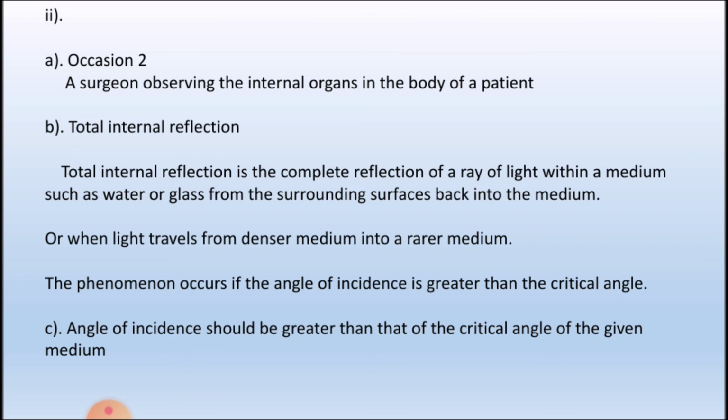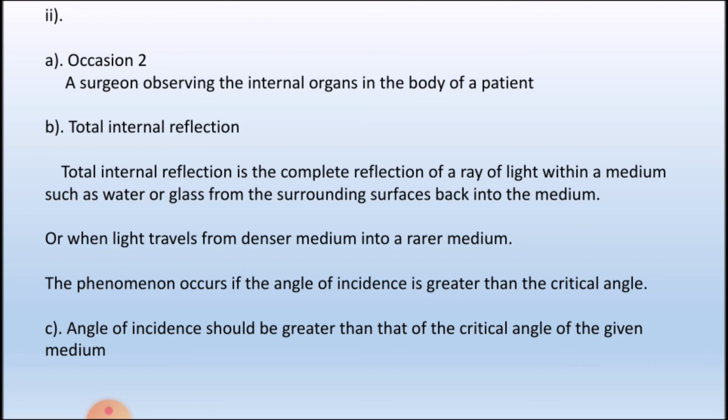When light rays travel from a denser medium to a rarer medium, the light ray bends away from the normal. If we gradually increase the angle of incidence, the angle of refraction also gradually increases.